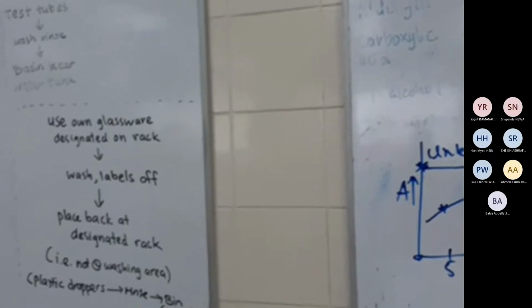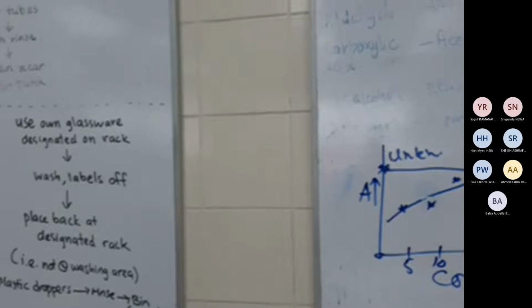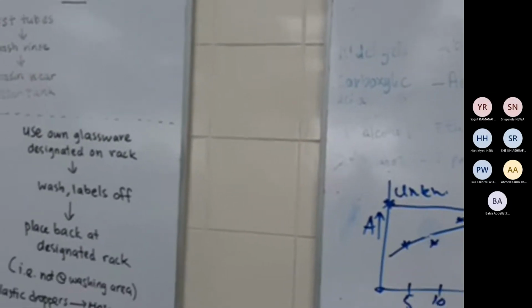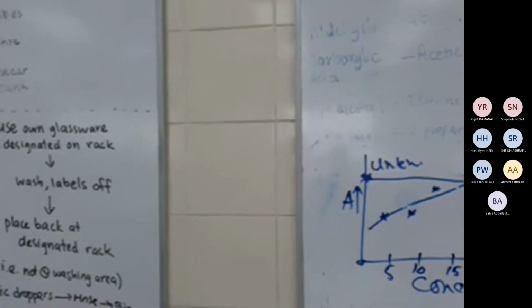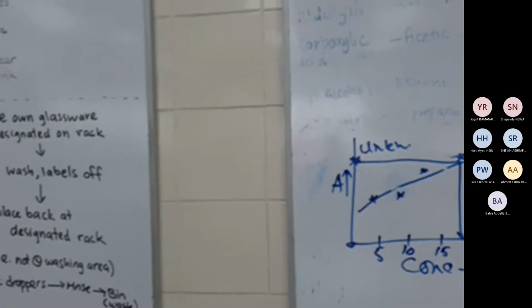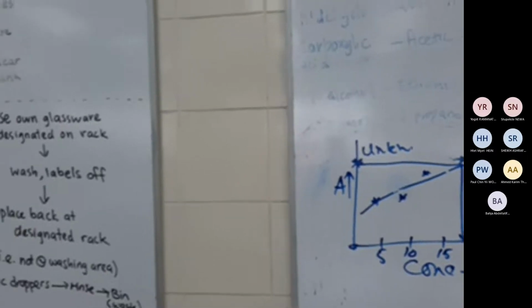So usually we find the unknown this way. If just 1 or 2 points are a little bit deviated because we did not make them very carefully, it is not going to make a big impact because this trend line is not depending on 1 point only. It is depending on 4 points.